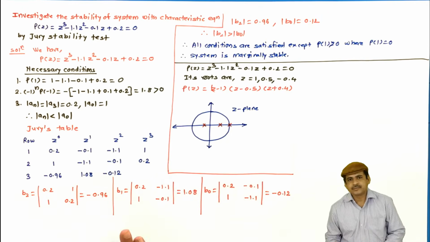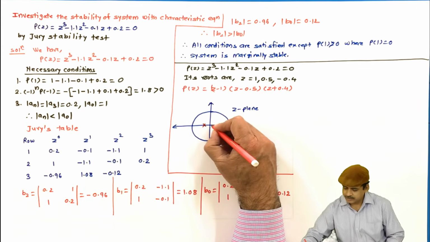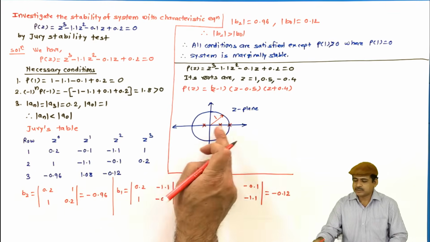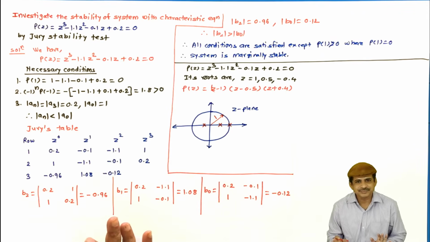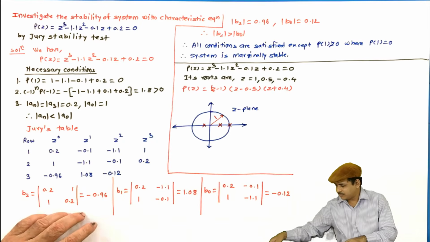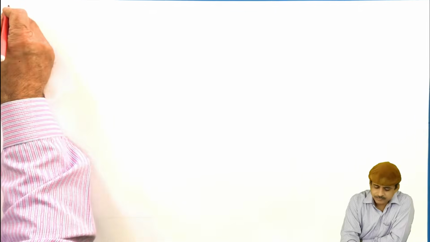Now look at this. A non-repeated pole is on the circumference of the unit circle. This is the unit circle, while the remaining poles are inside the unit circle. Hence the system is marginally stable. It is cross-verified. Correct. Let us start one more example. Now we will consider the fourth order system. So calculations will increase. You should have experience of this also.